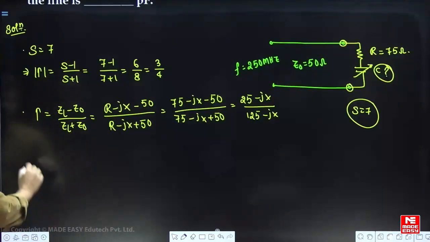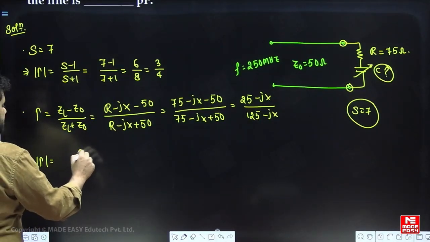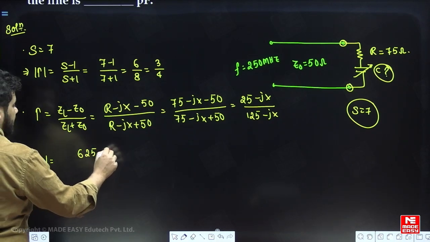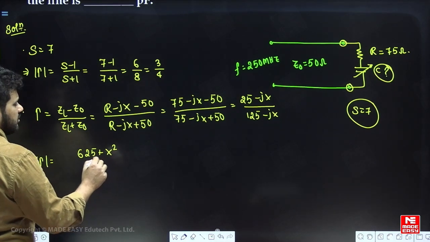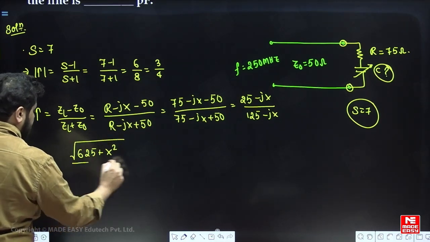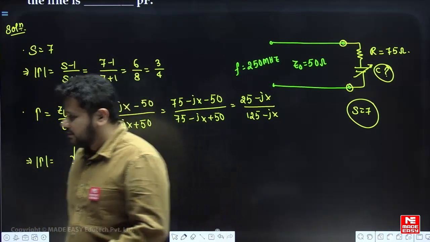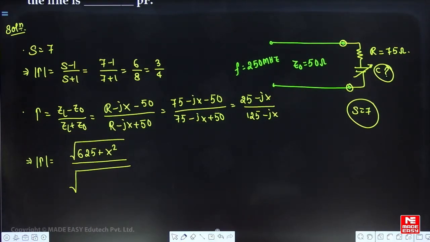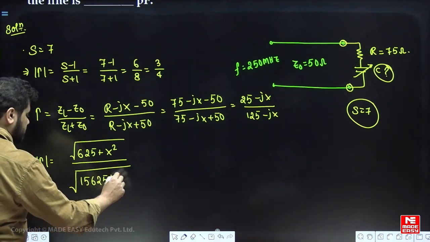Right. So can I write mod gamma? Mod gamma will be the root of (625 plus x square) divided by 125 square. Where is the calculator? So 125 whole square is 15625. So root of (625 plus x square) upon (15625 plus x square).